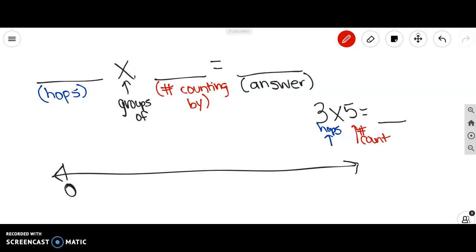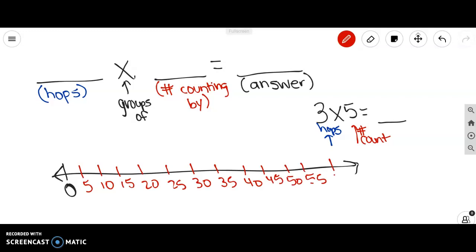So if we're going to count by 5, then we're going to begin at 0 and go 5, 10, 15, 20, 25, 30, 35, 40, 45, 50, 55, 60. So we could go as many as the number line is long.